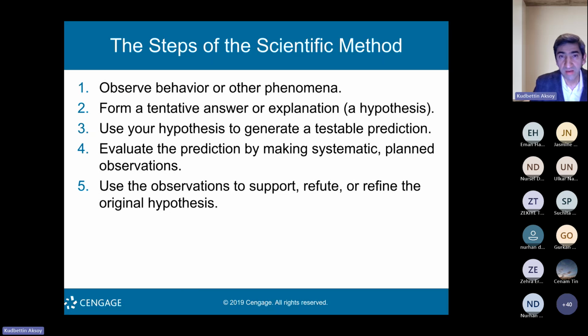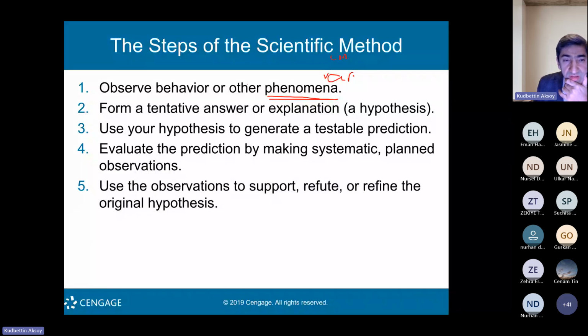The scientific method is something that you've been exposed to since probably elementary school, middle school. You observe a phenomenon, we'll call this a variable later on, or a construct or concept more accurately, and you form a tentative answer.